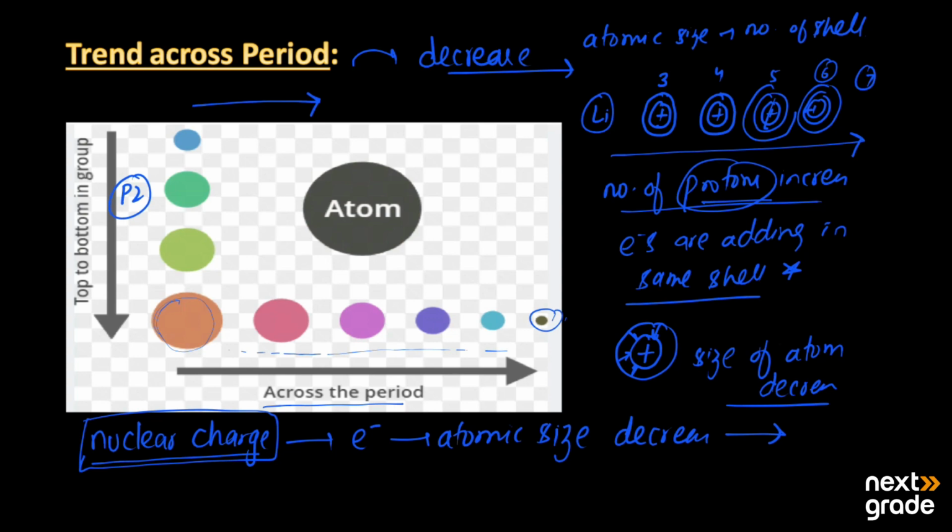But there is an inverse relation between nuclear charge and atomic size. So with an increase in the nuclear charge, the size of an atom decreases. This is a simple overview of the gradual reduction of atomic size across the periods in the periodic table.